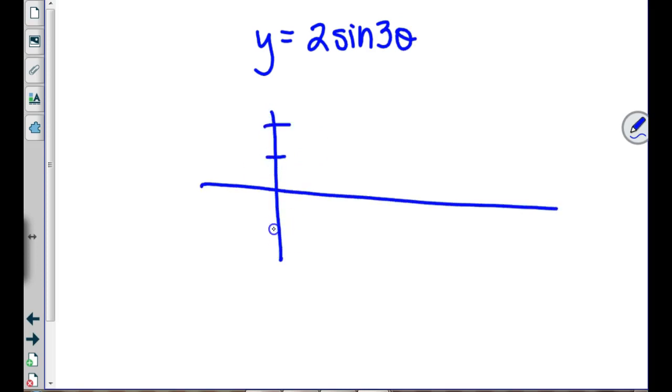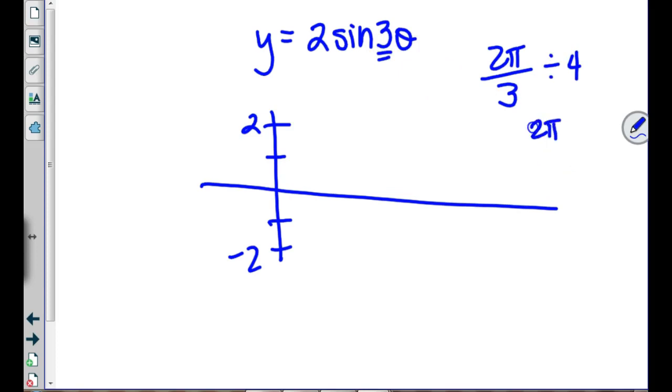It has no vertical shift, so it's going from 2 to negative 2. The period is 2 pi over 3 because of this b value. But then you always divide by 4 to find the quarter points. Or times 1/4, right? Same thing. So that would become 2 pi over 12, or pi over 6 would be your quarter points.